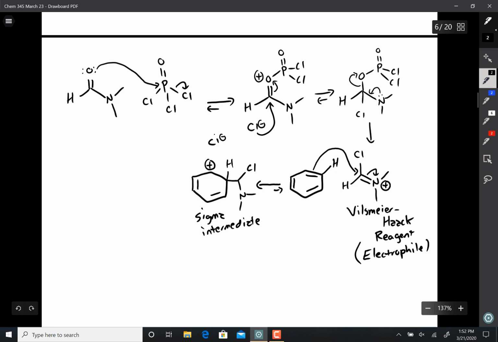Once you form that sigma intermediate, a base comes to deprotonate it. This is the irreversible part of this reaction, to restore the aromaticity. And then the nitrogen can swing down, kick the chlorine off.